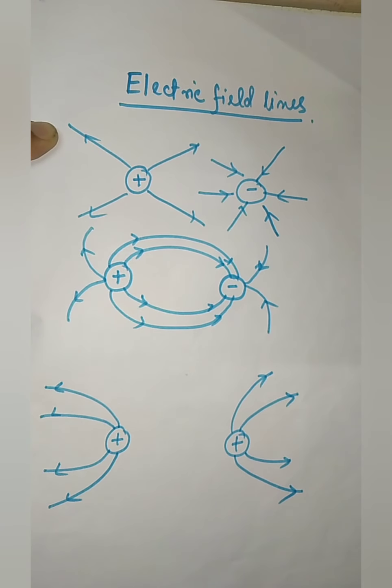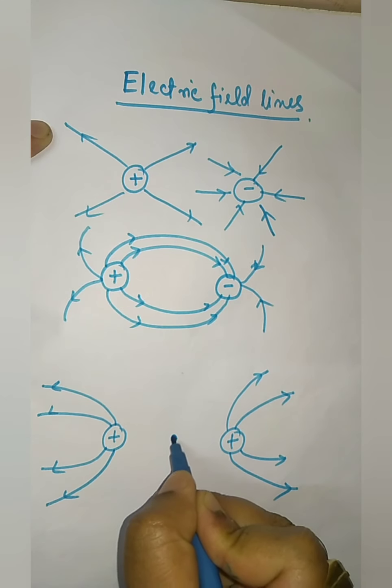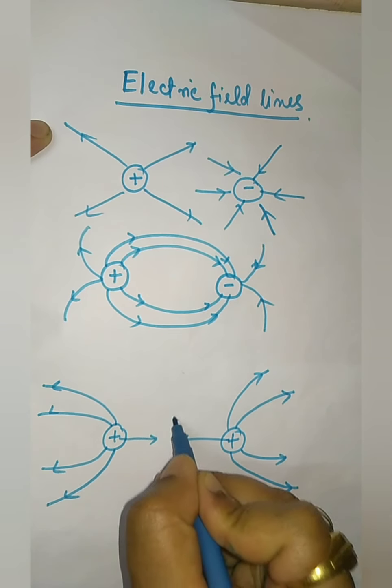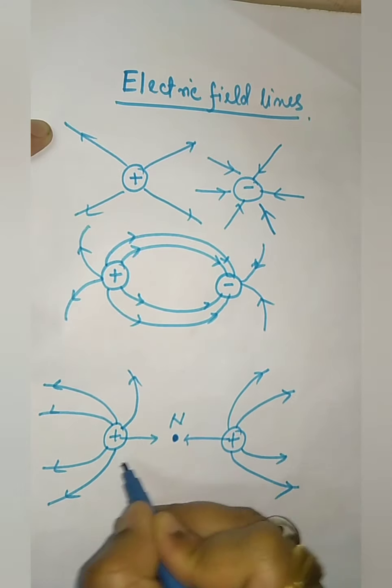Yes or no? So this will be the representation of electric field lines for a pair of positive charges. ये जो बीच वाला जगह है, ये वाला पॉइंट, यहाँ पे इलेक्ट्रिक फील्ड क्या होगा? 0. This is called neutral point.